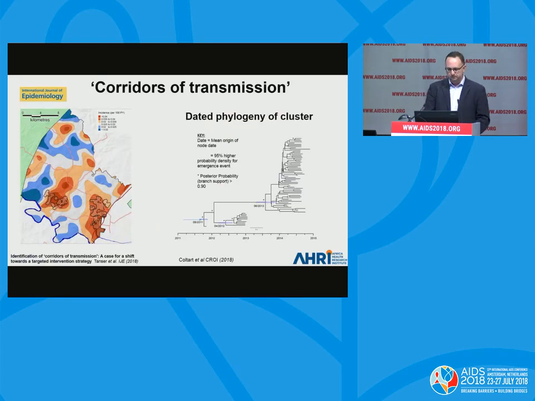Now, this is some recent work taking the clustering of incidence further. If you look at the map on the left there, we're using a technique called Tango's flexibly shaped scan statistic, which doesn't rely on a cluster being circular or elliptical. It can be any shape.